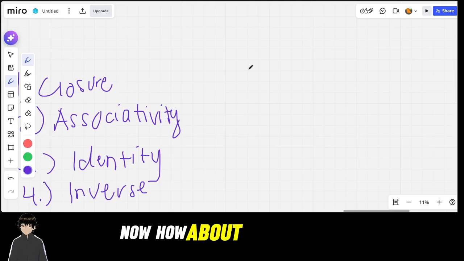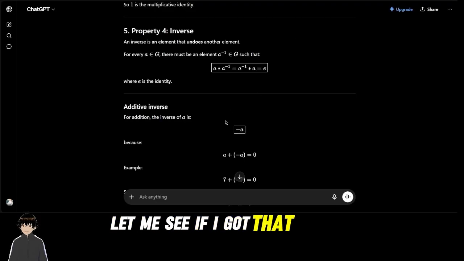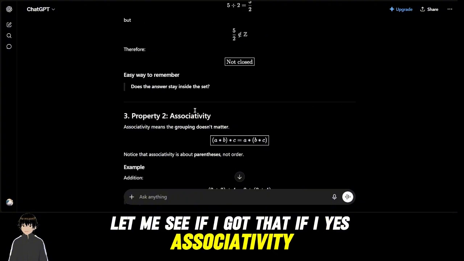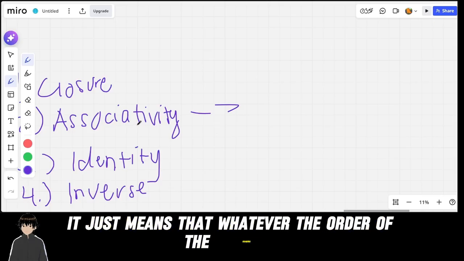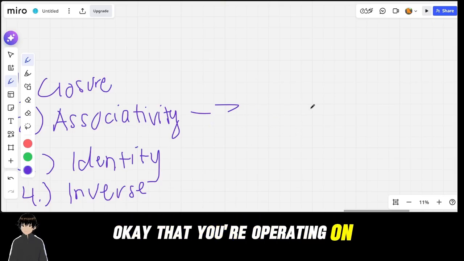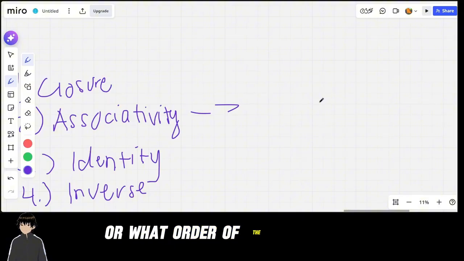Now, how about associativity? It just means that the order in which you operate on the numbers doesn't contribute to anything. It doesn't matter what order the group is in when you're operating on them.